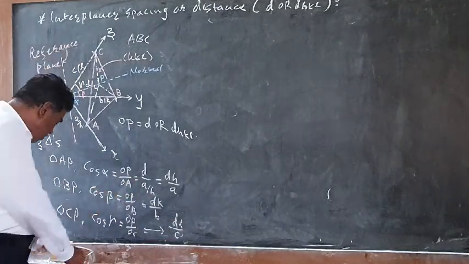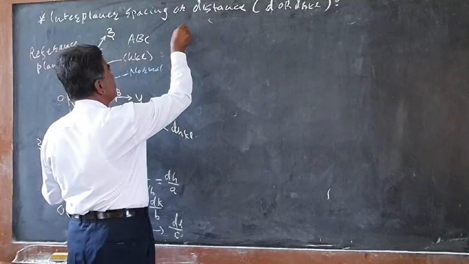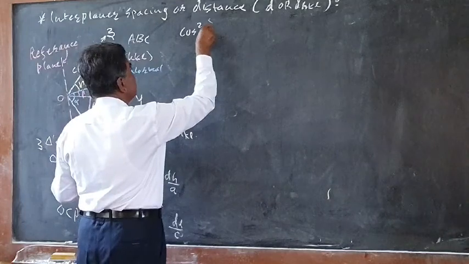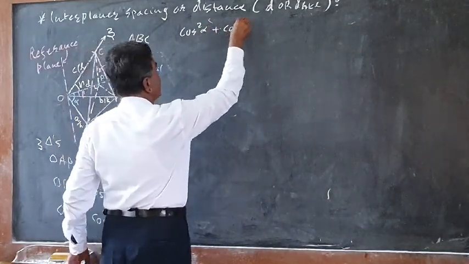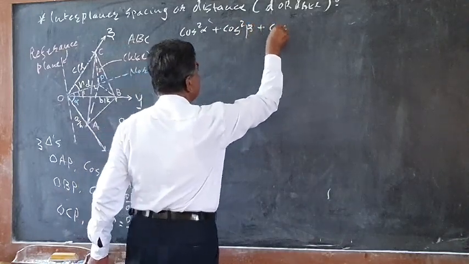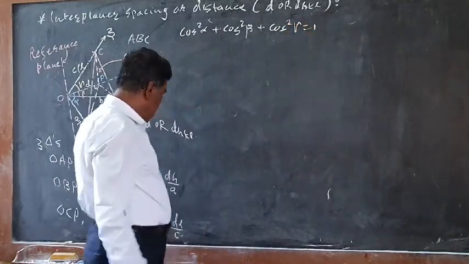Now from the law of cosines we are getting this equation. We know that cos square alpha plus cos square beta plus cos square gamma will be equal to 1.